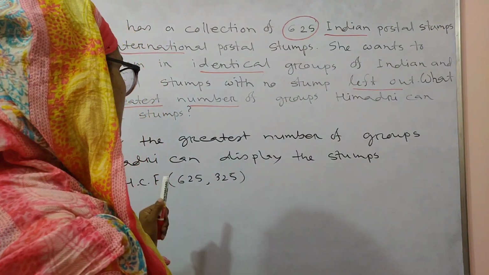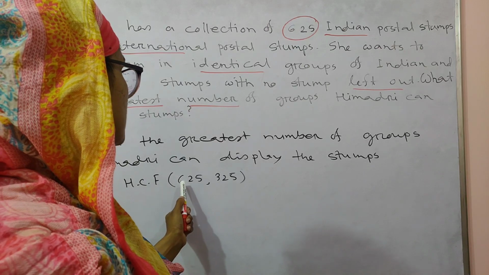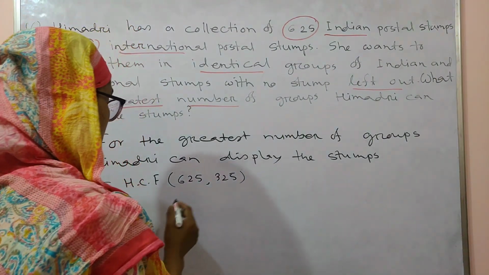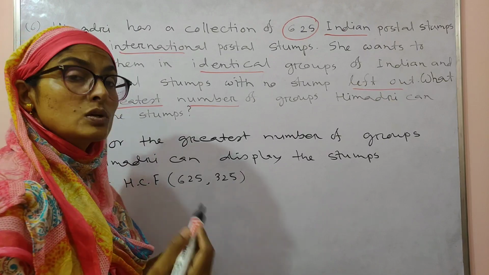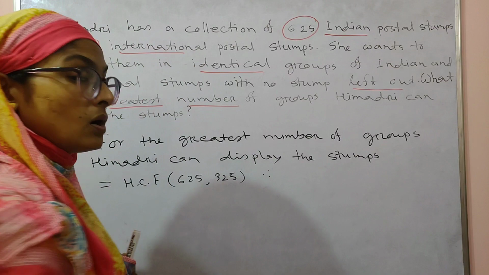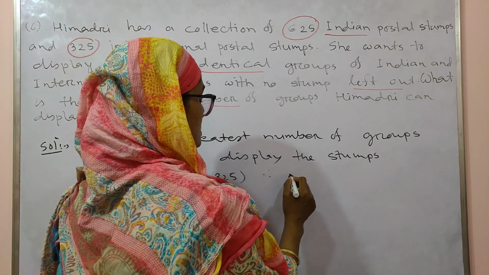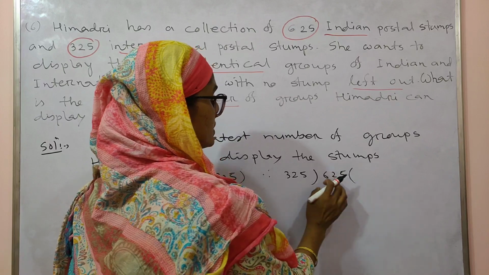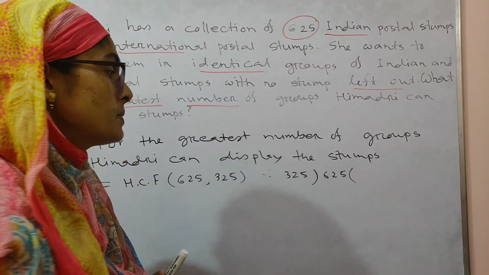So the HCF of 625 and 325. Now use Euclid's division lemma. Therefore write down, you can write below. Therefore 625 divided by 325.